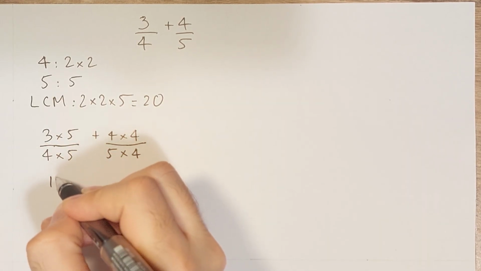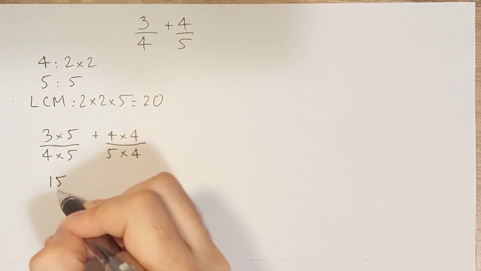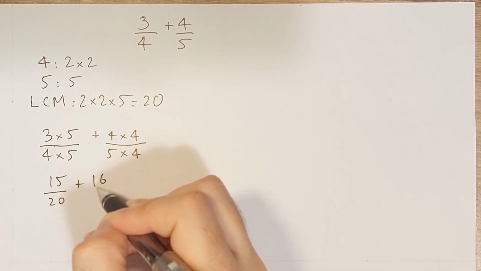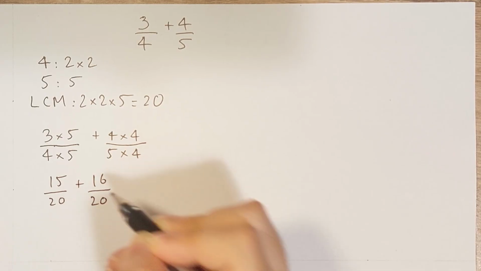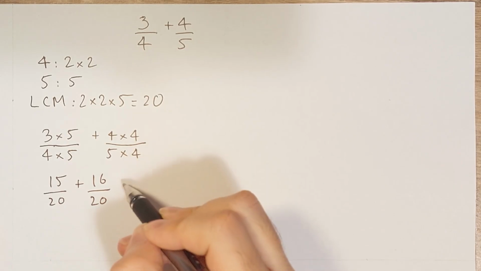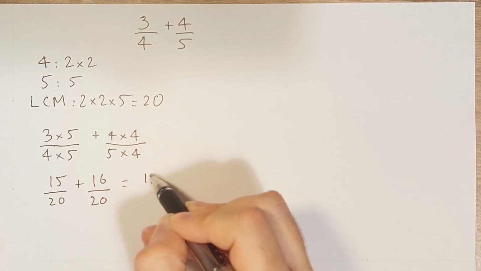So this gives us 15 over 20 plus 16 over 20. When we are adding fractions where both denominators are the same, we can write them like this.